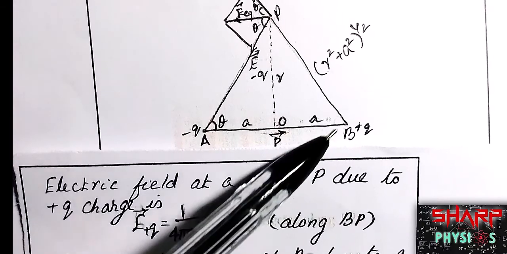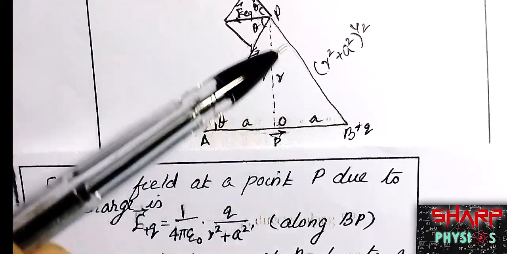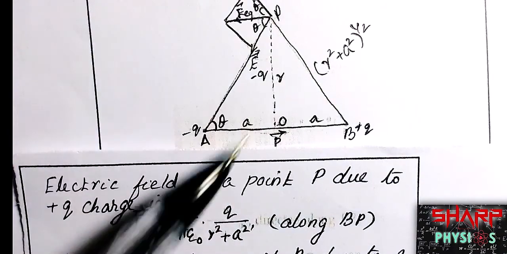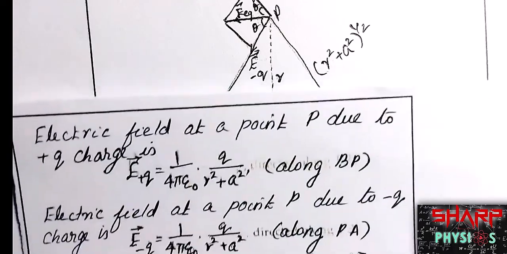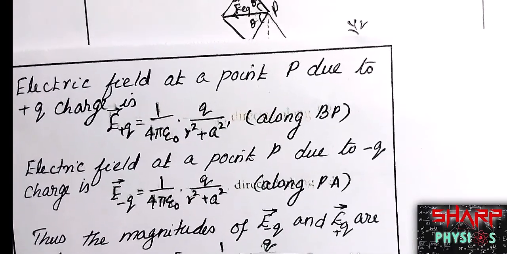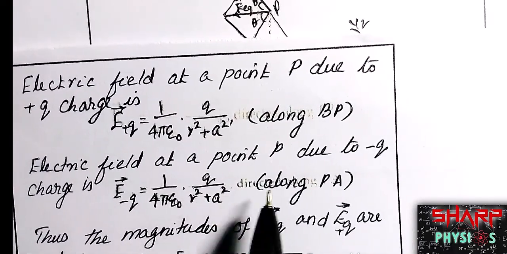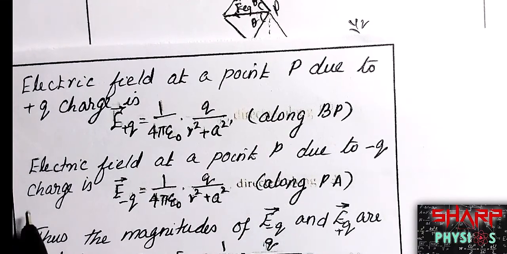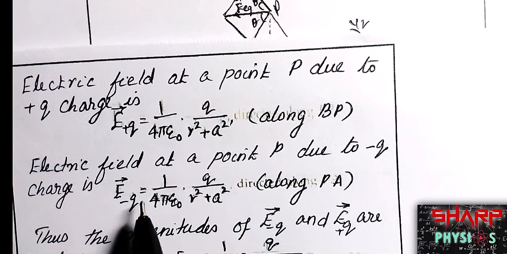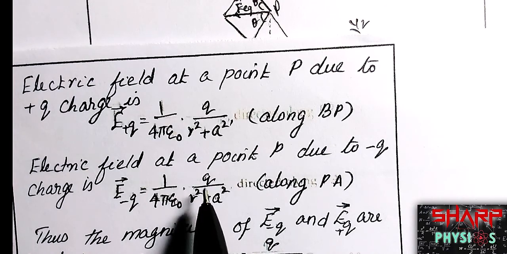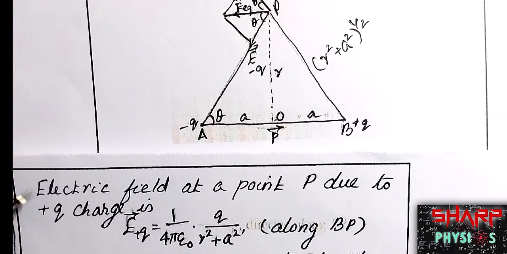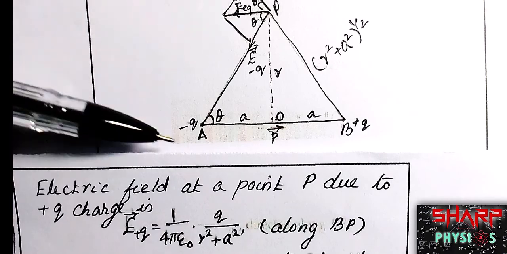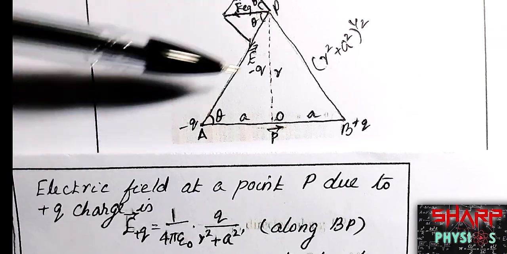This is along the axis B to P. Next, the electric field at a point P due to the negative charge is E Q minus is equal to 1 by 4 pi epsilon 0 into Q divided by R square plus A square. This is along the axis PA.